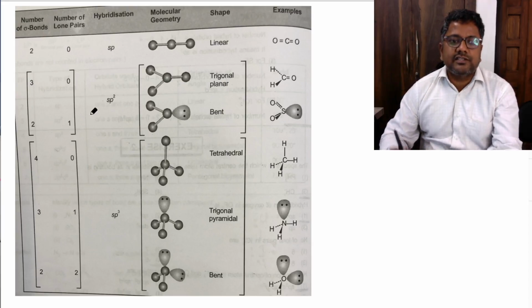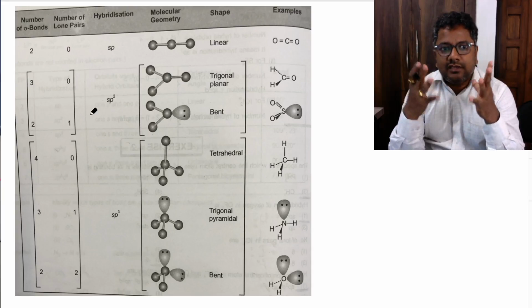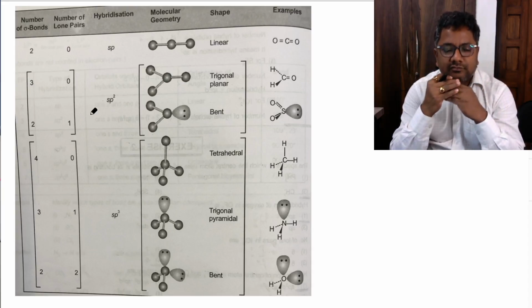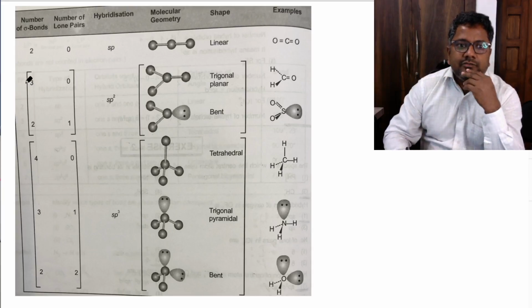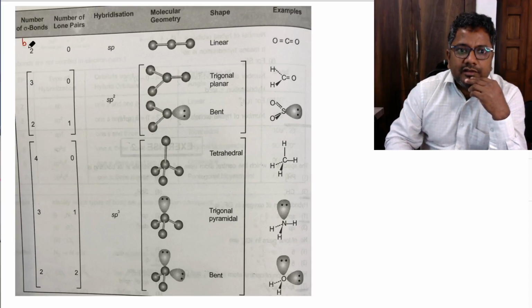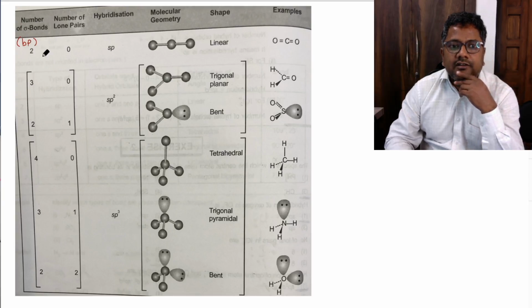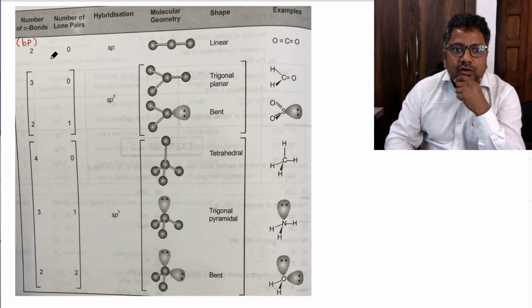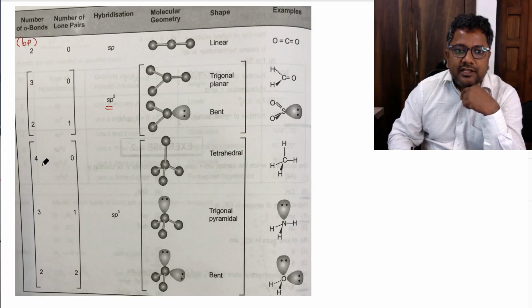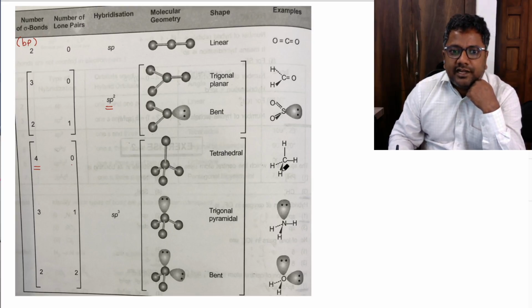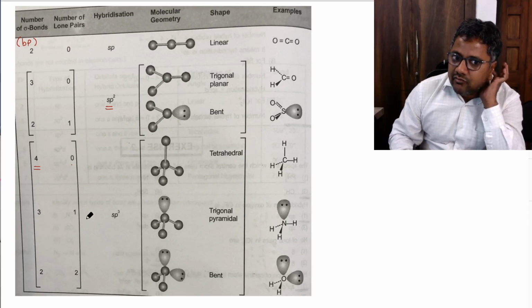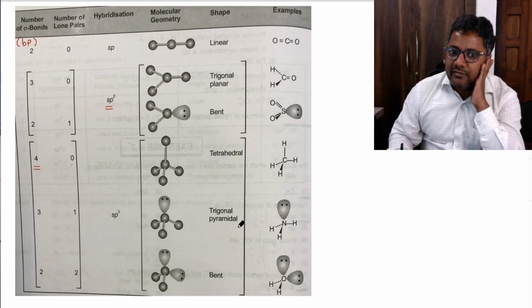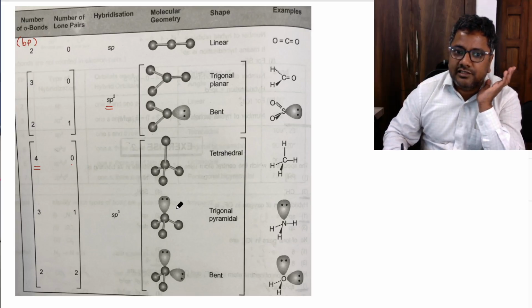If a situation arises that you have one lone pair and two bond pairs, here we can write bond pair, not electron pair. So two bond pairs, no lone pair; three bond pairs, no lone pair; and two bond pairs, one lone pair in case of sp2. Now sp3: four bond pairs, zero lone pair, so ideal geometry tetrahedron. 3 and 1, although sp3, trigonal pyramidal, ammonia, one lone pair is there.